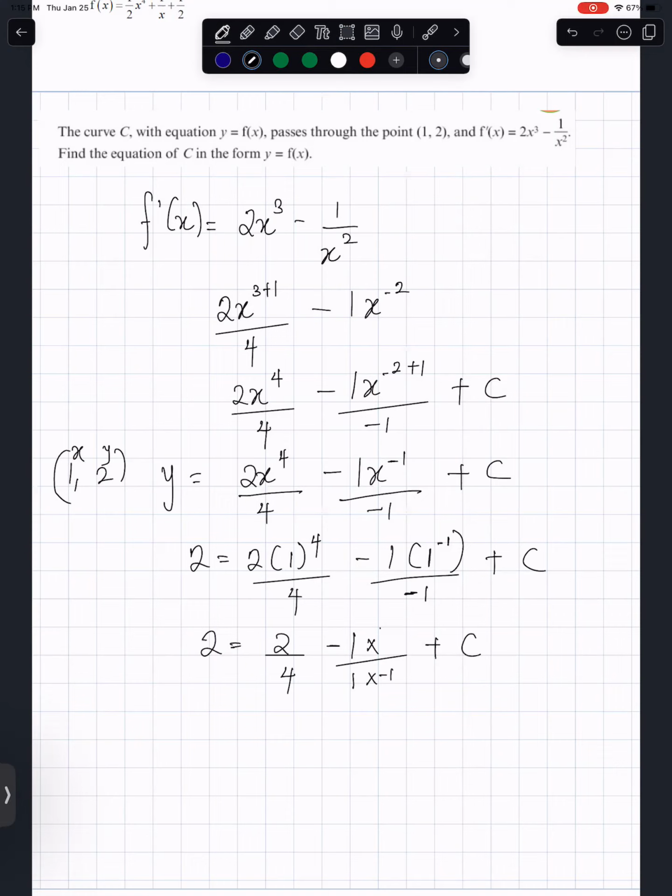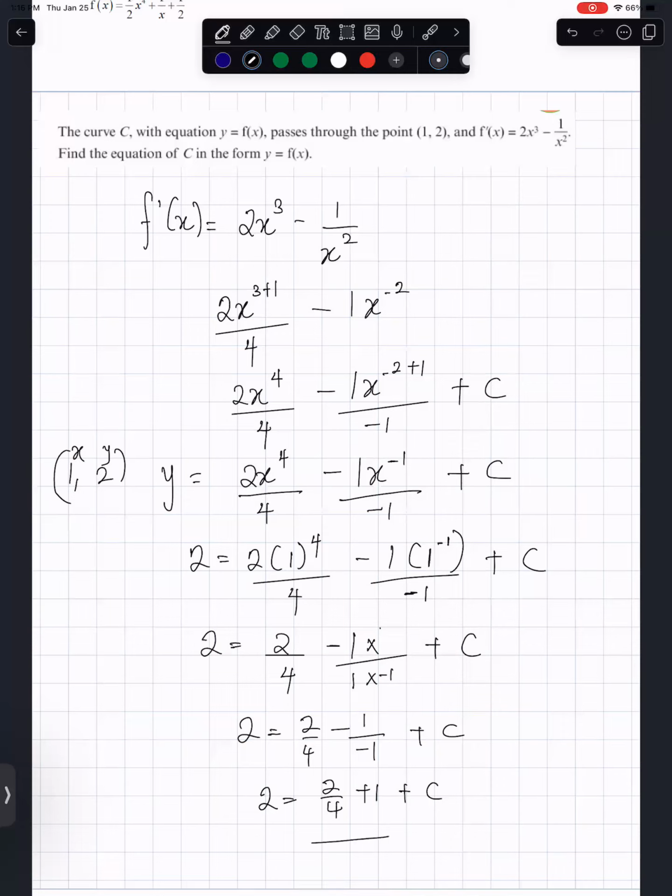So that means we have 2 is equals to 2 over 4 minus 1 over minus 1 plus c. That means we have 2 equals 2 over 4 plus 1 plus c.